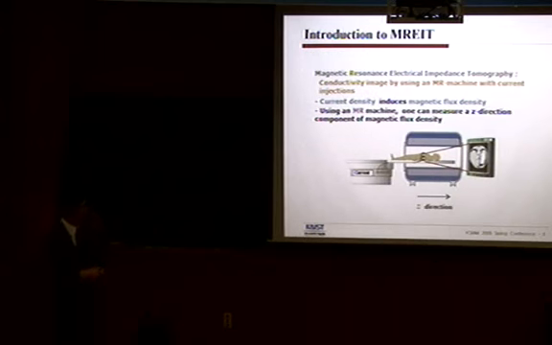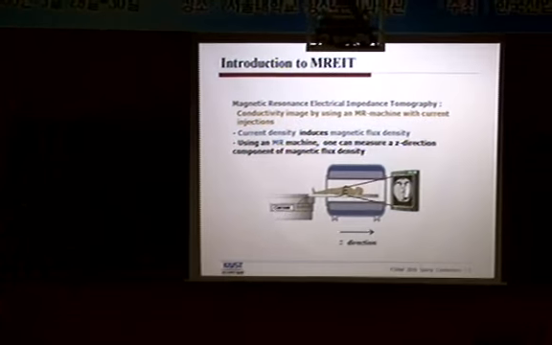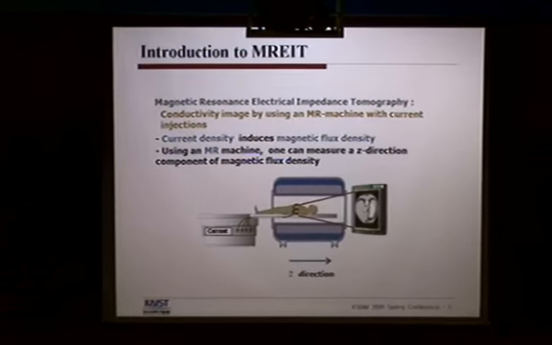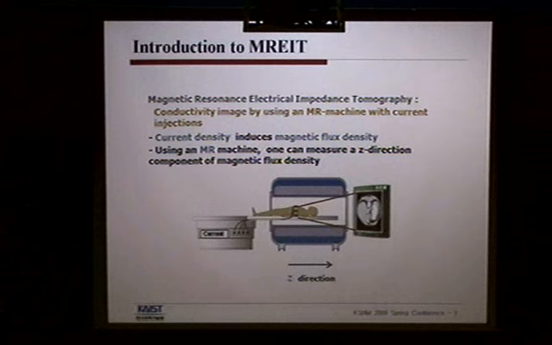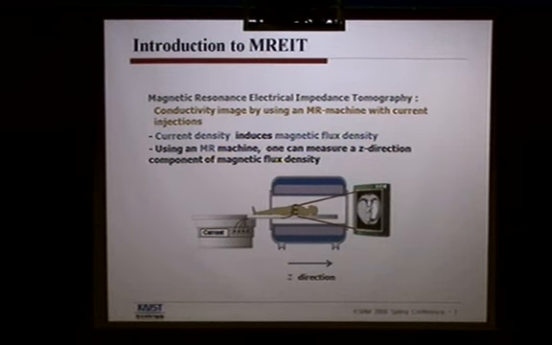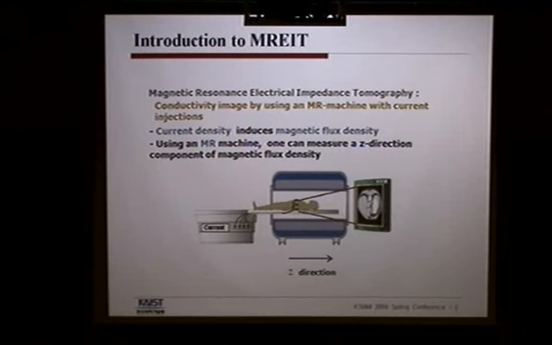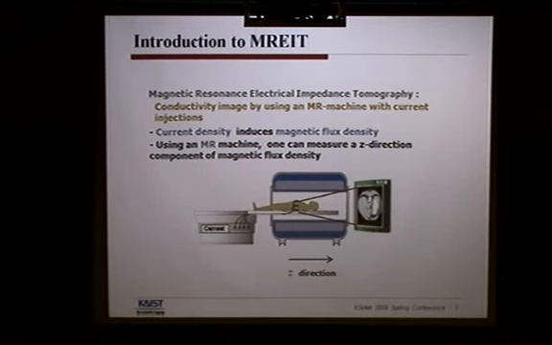So what does the MREIT stand for? MREIT means magnetic resonance electrical impedance tomography, and it shows a conductivity image using the MR machine with current injection. Look at these pictures.